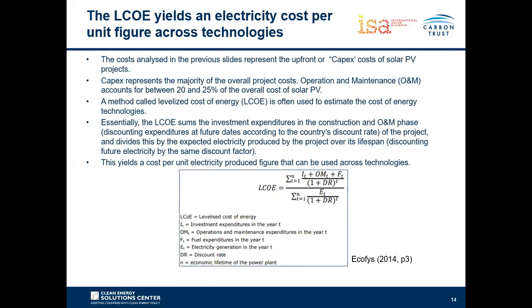However, to compare this technology with other types of energy technologies, we use what's called levelized cost of energy, which breaks down the cost per unit electricity provided from the project.